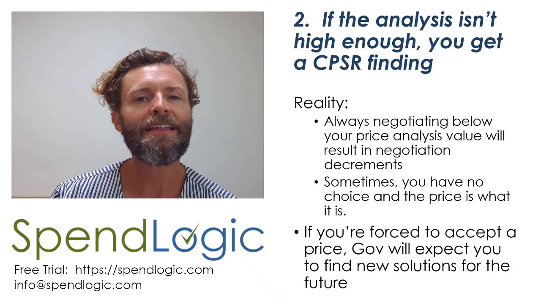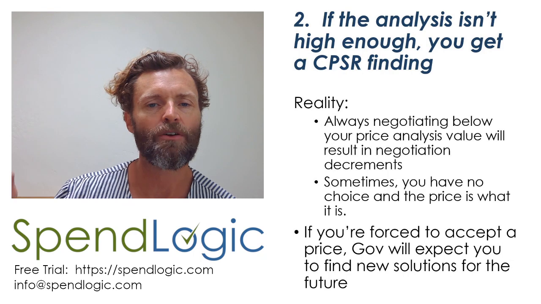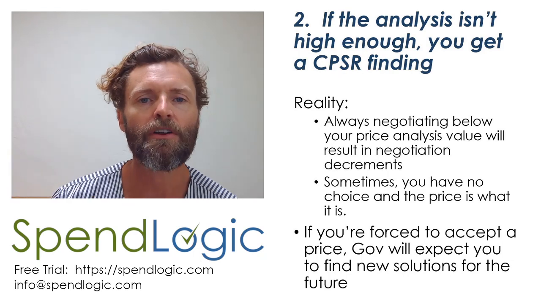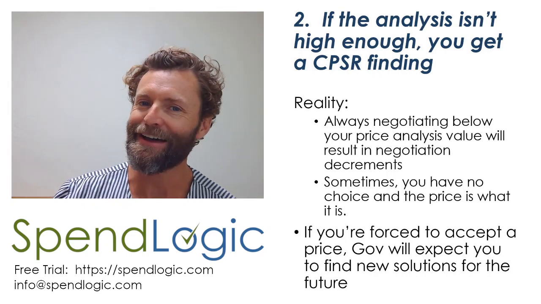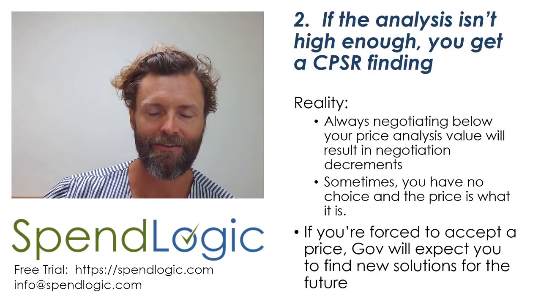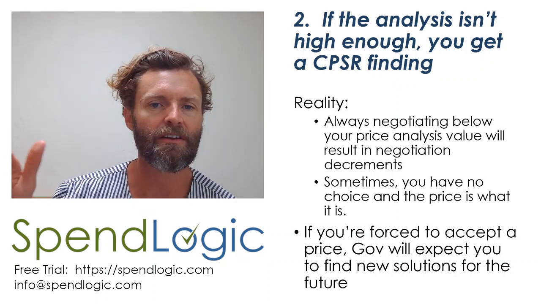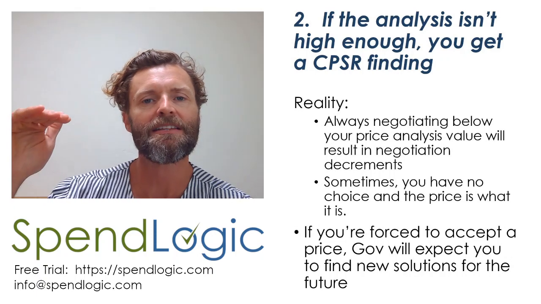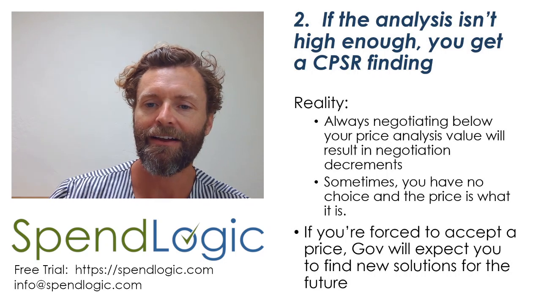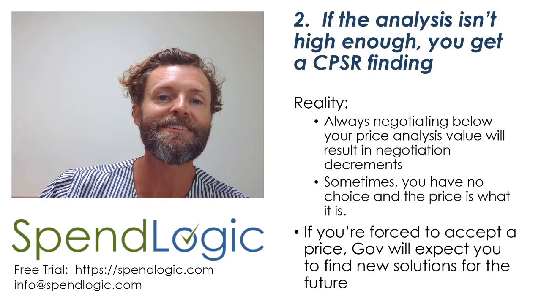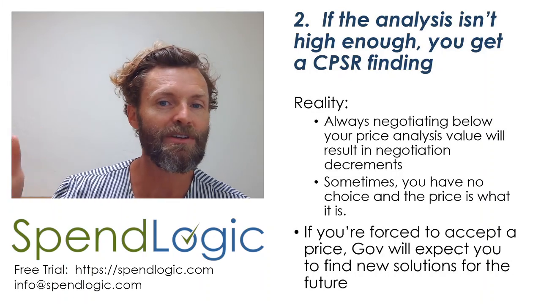Okay. The reality of the situation is that having your negotiated price below your price analysis is just about as bad as having it above your negotiated value every time. You don't want variability that shows one thing or the other every single time. So if your negotiated value is consistently lower than your price analysis, then it means that your price analysis needs to be adjusted.